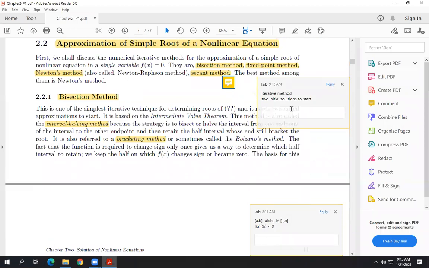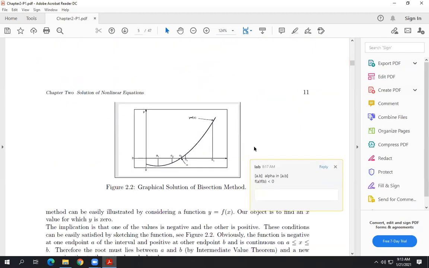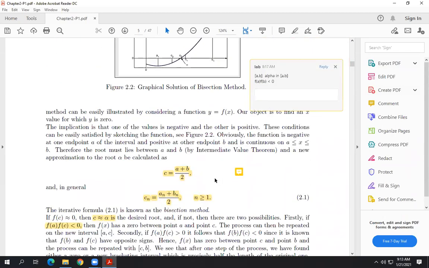So interval means a and b. a is your first approximation and b is the second approximation. With the help of 2 approximations, you can find a new approximation using a very simple formula.